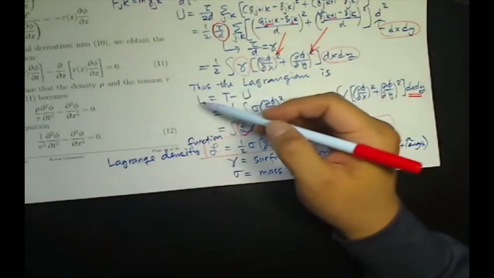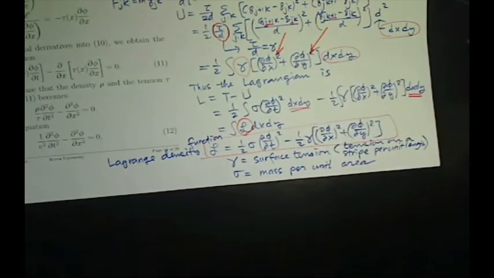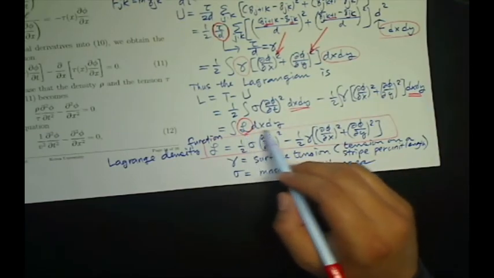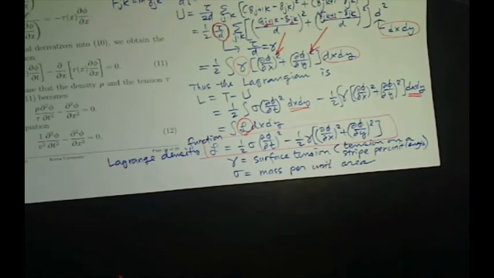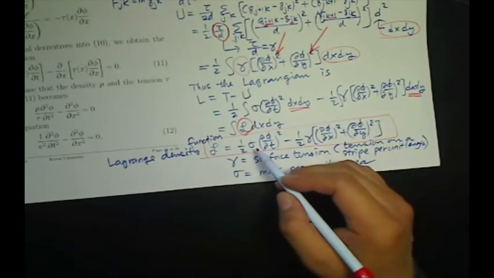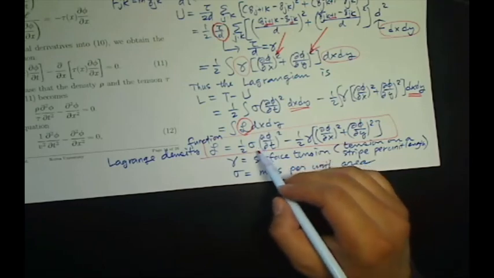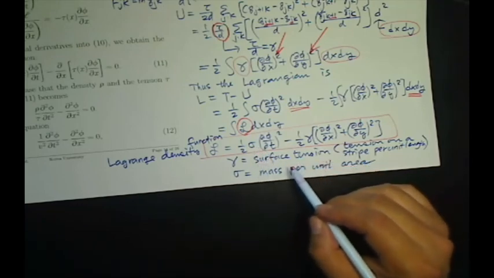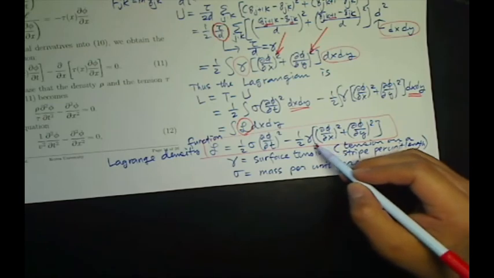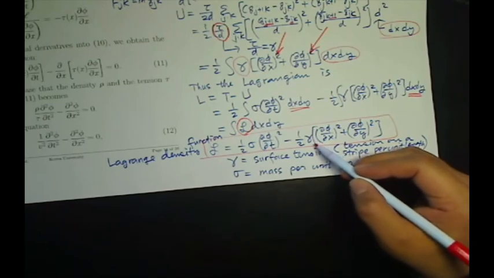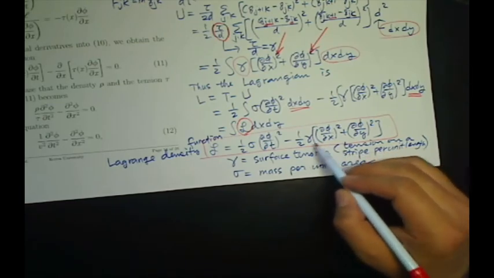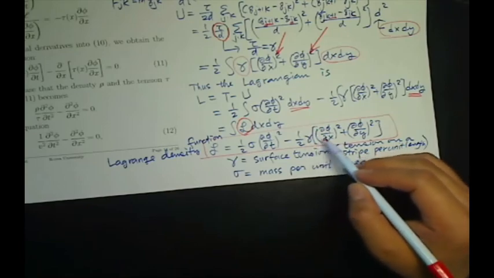And anyway, the Lagrangian has the dimension of energy, but the Lagrangian density depends on the dimension. So that's the reason why we had a mass density per unit area for this membrane vibration. This is tension per unit width, which appears in this membrane vibration.